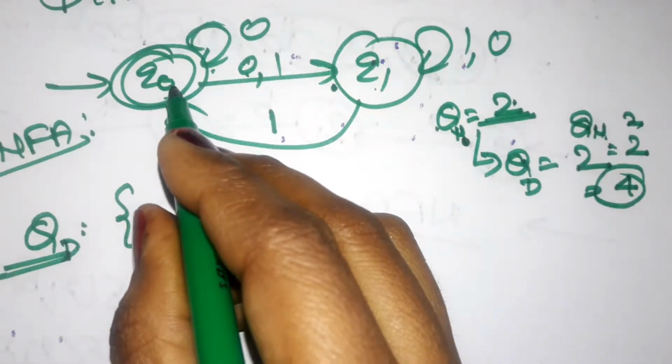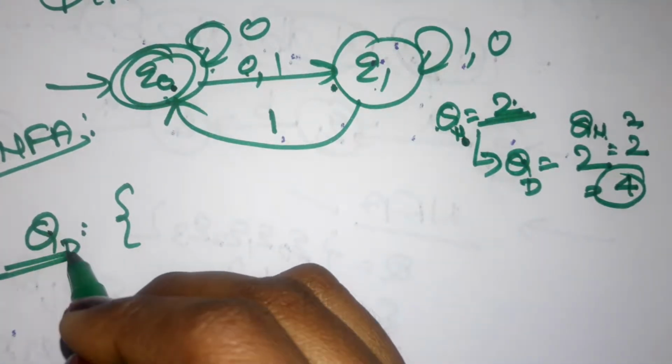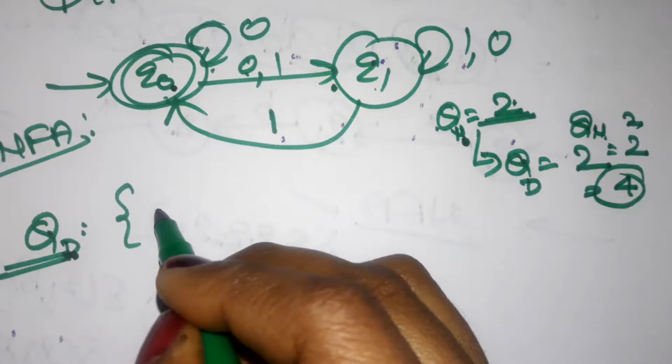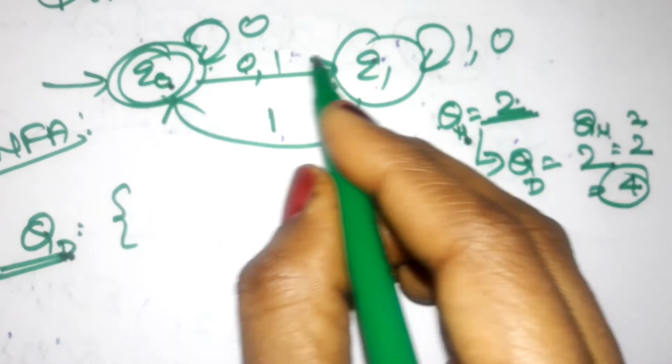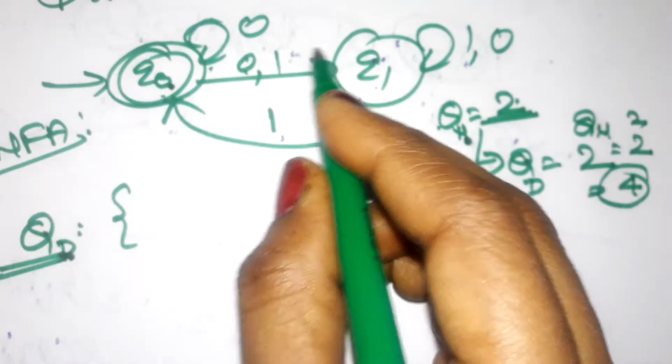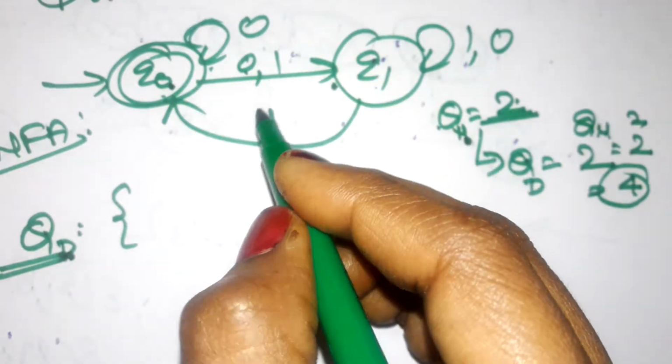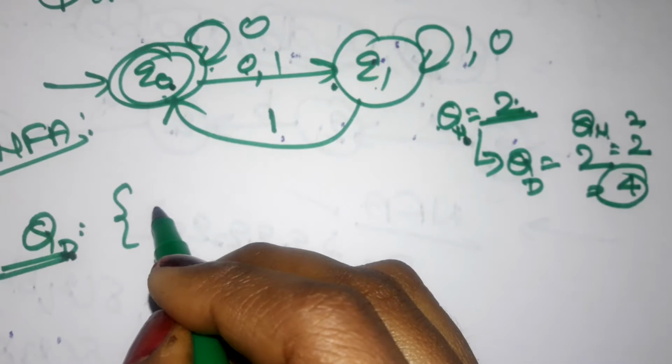So from this NFA you are going to find the possible states for the deterministic finite automata, that is 4. If 3 states are there in an NFA, you will get 2 power 3. If 2 states, then 2 power 2, which is 4.